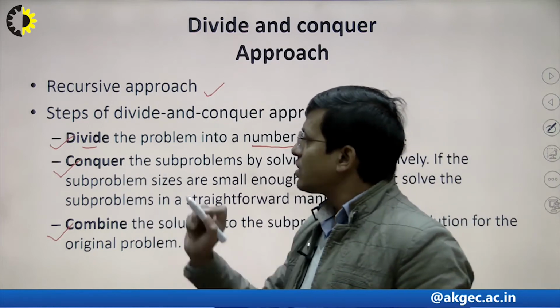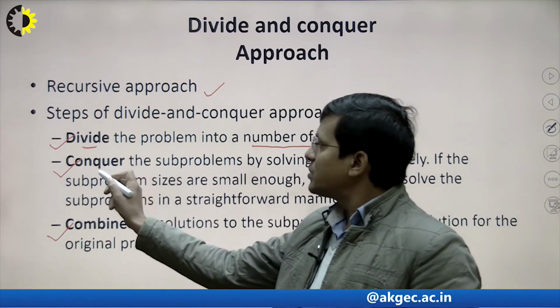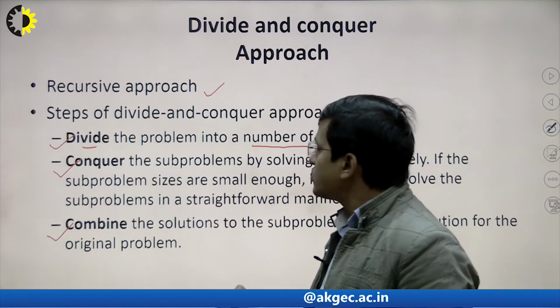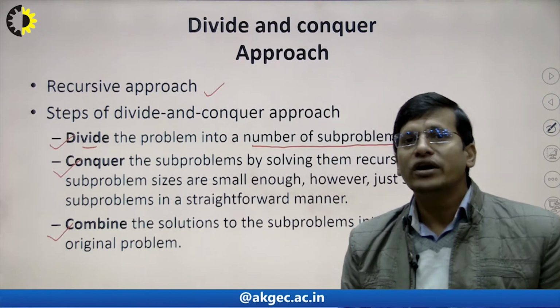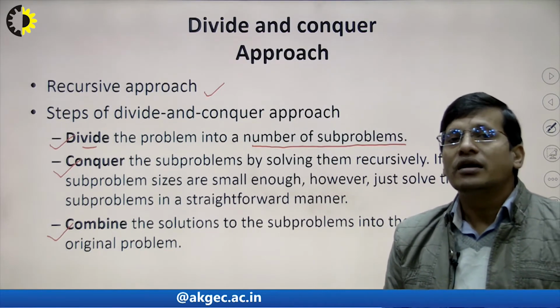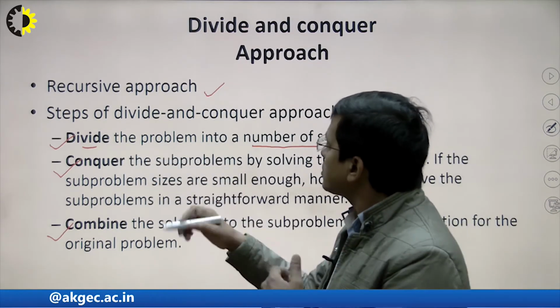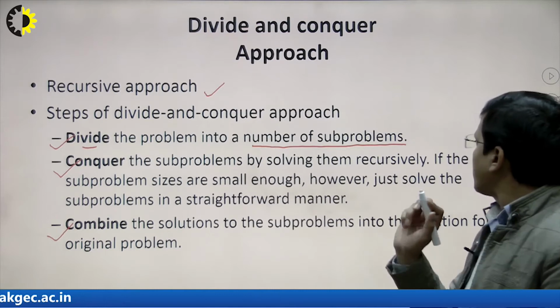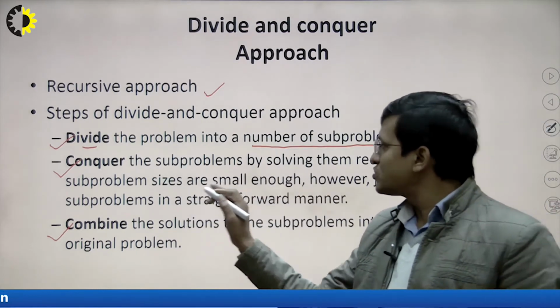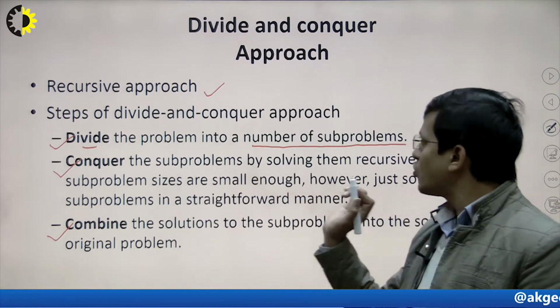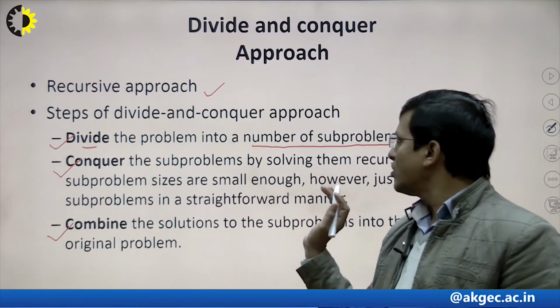Now the second step is the conquer approach. In this approach we try to solve the sub problems recursively, right? The conquer step conquers the sub problems by solving them recursively. If the sub problem size is small enough, however, just solve the sub problem in a straightforward manner.